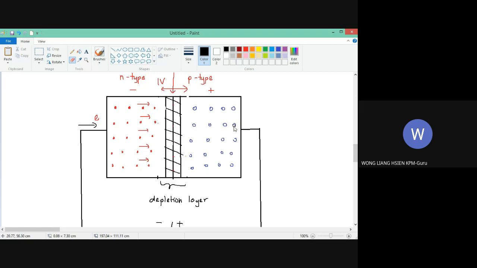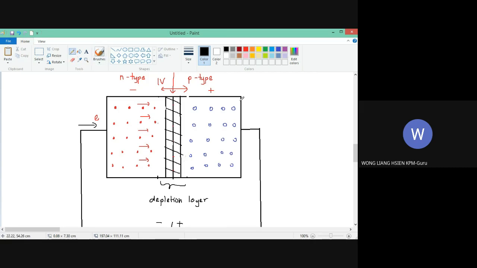So the positive terminal repels the hole, so the hole goes towards the junction. Here there is hole, here there is electron, so the depletion layer becomes narrow.